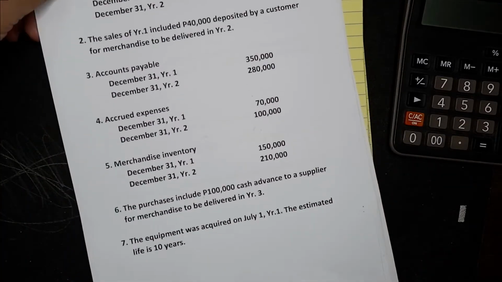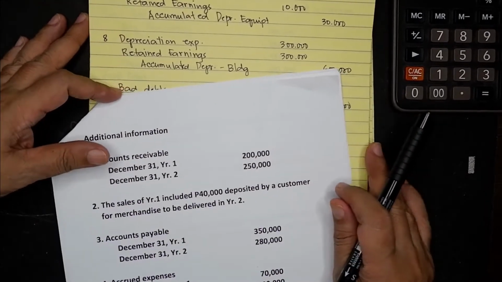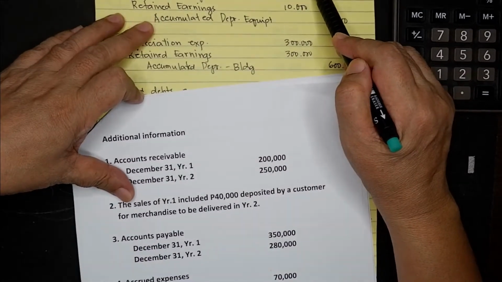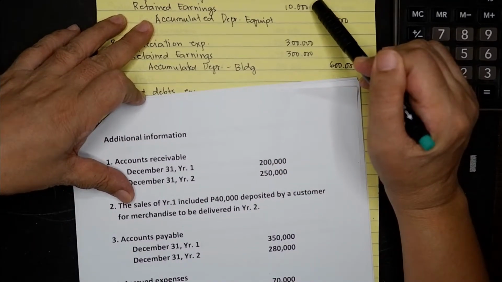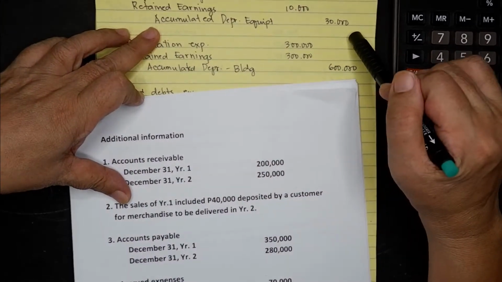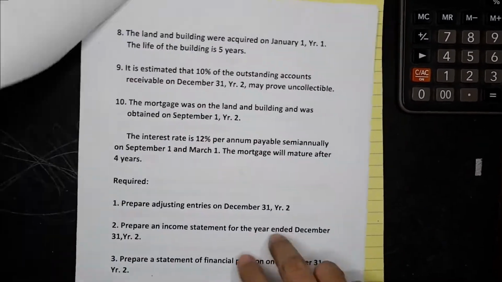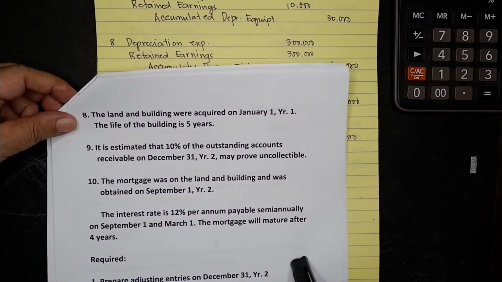So, ang entry, debit depreciation expense, yung current year, 20,000, another debit, retained earnings, 10,000, ito yung depreciation ng nakaraang taon, and credit accumulated depreciation equipment of 30,000.